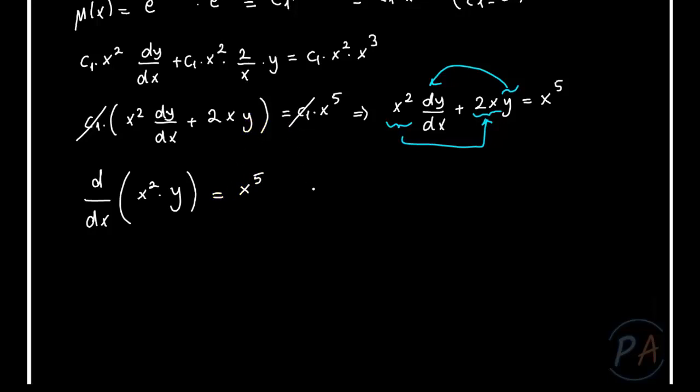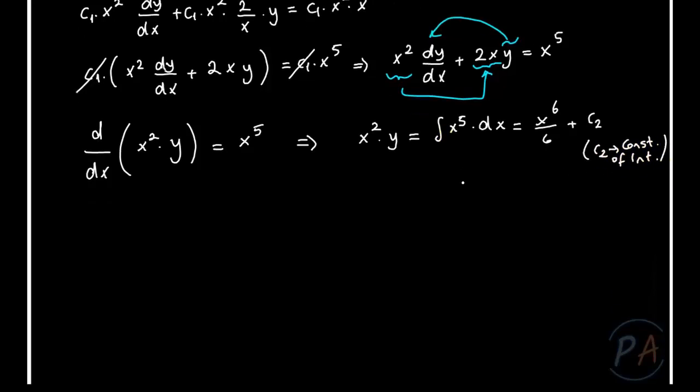Then integrating both sides, x squared times y equals integral x to the power 5 dx, and it is going to be equal to x to the power 6 over 6 plus c2, where c2 is a constant of integration.